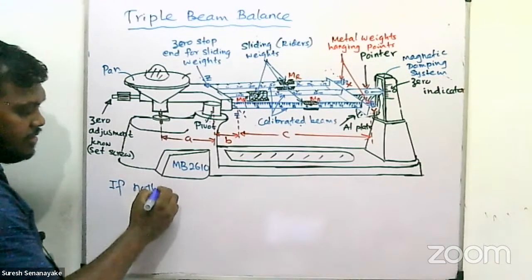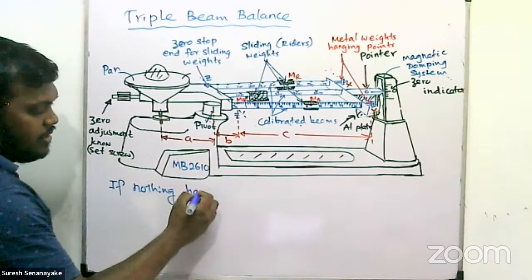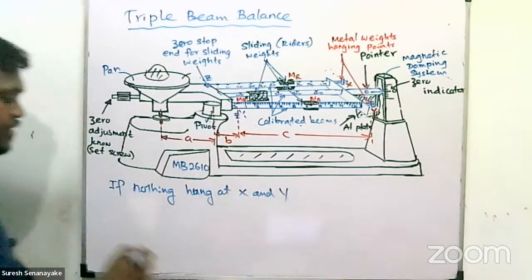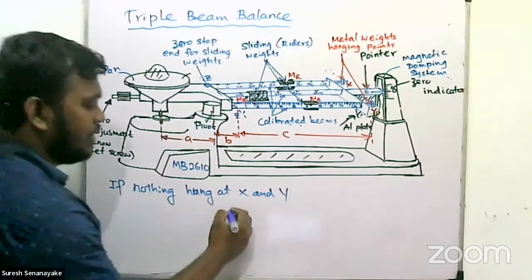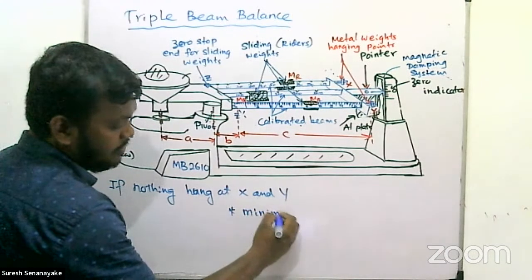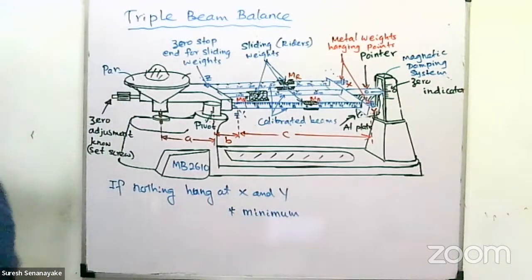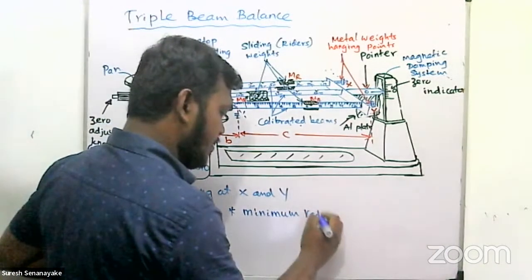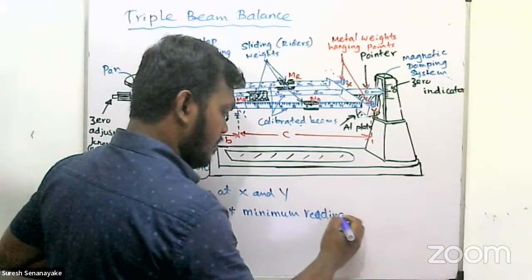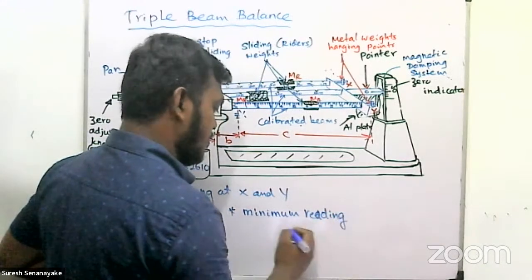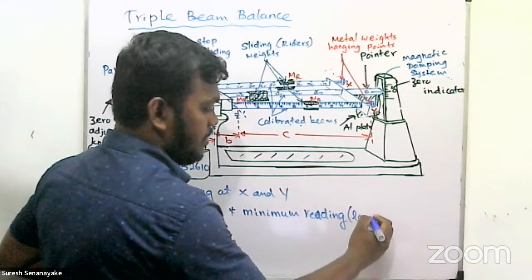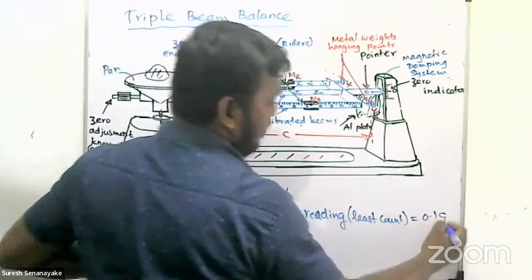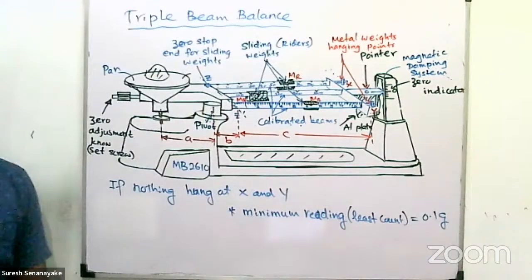If nothing is hung at X and Y, then the minimum reading, or what we call the least count, is equal to 0.1.